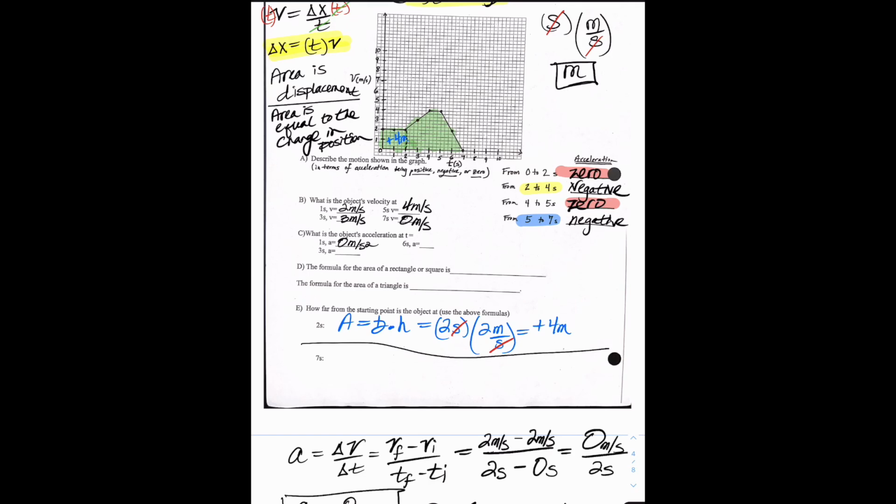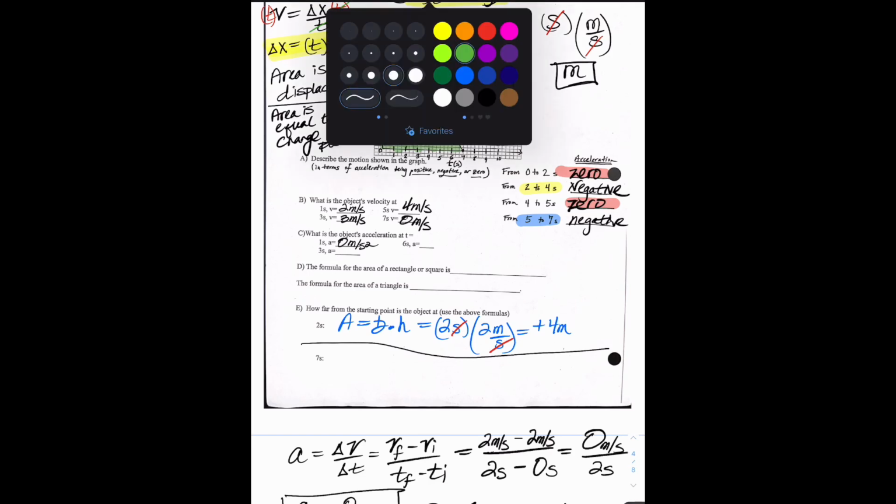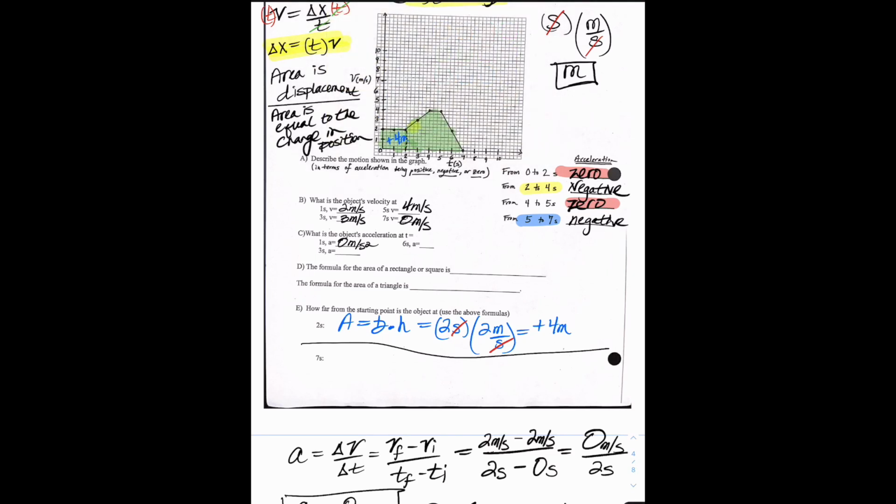I have to get the area of this right here, and I don't know that shape. So I'm going to break it up into shapes I do know. For instance, I know that this right here is another one of those squares that I just found the area of.